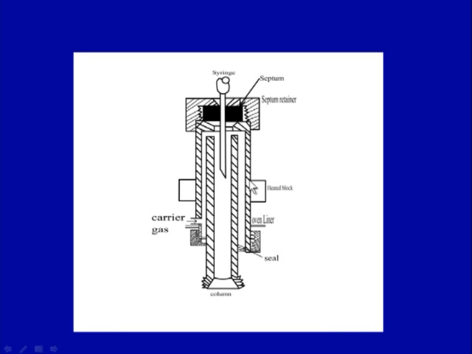This is your heat block, and it is heated to a very high temperature, so that liquid could be converted to vapor instantly, and then once it is done, this will be flushed into the column, where it can then be separated. So, this is a typical vaporizer, you can say, a flash vaporizer.